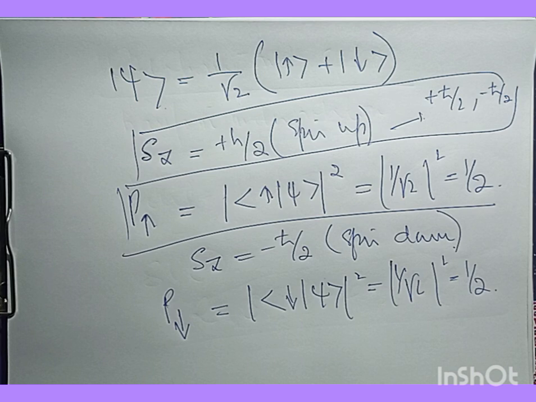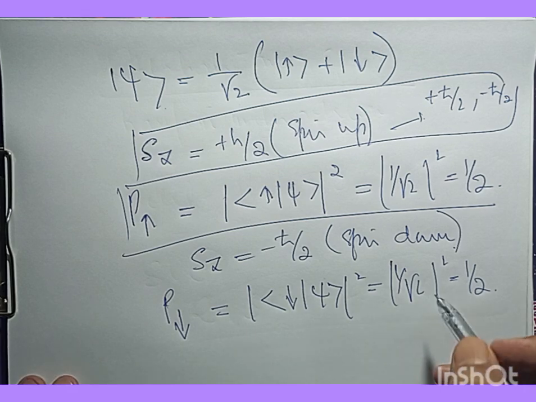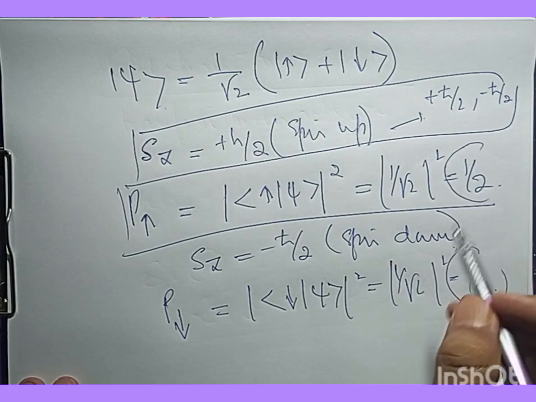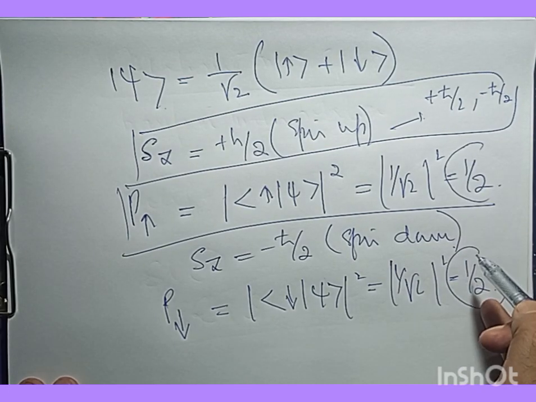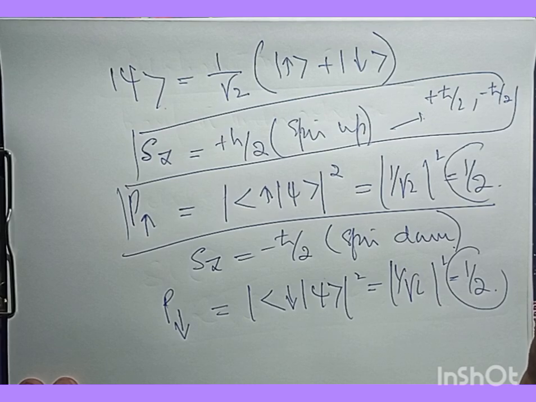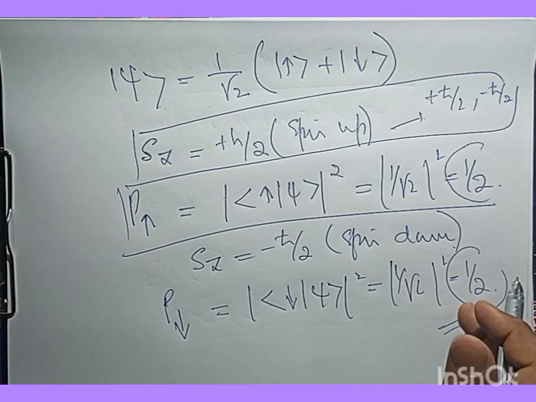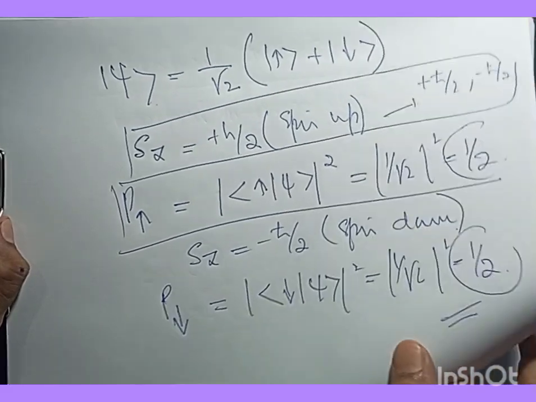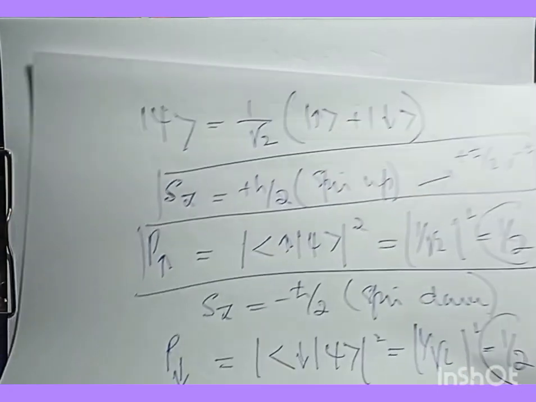What can be concluded in this experiment is that the beam splits into two parts with equal intensity, corresponding to spin up and spin down along some arbitrary z axis, with each outcome having a probability equal to 1 by 2.